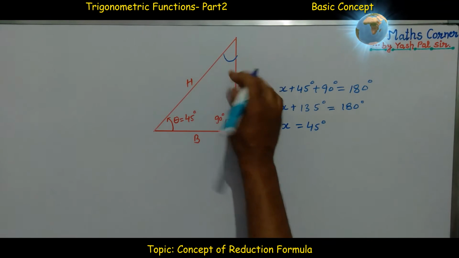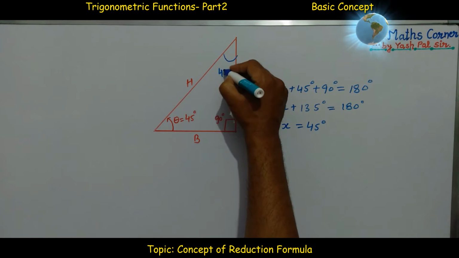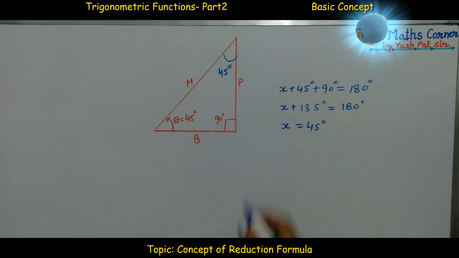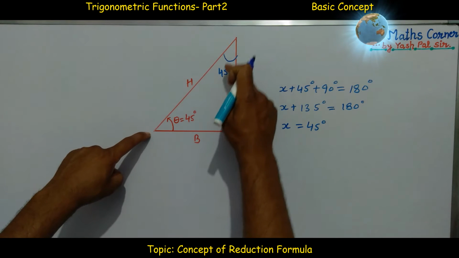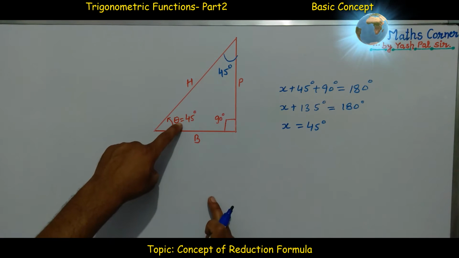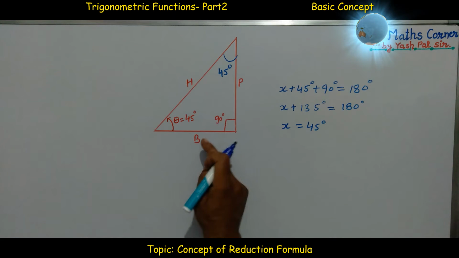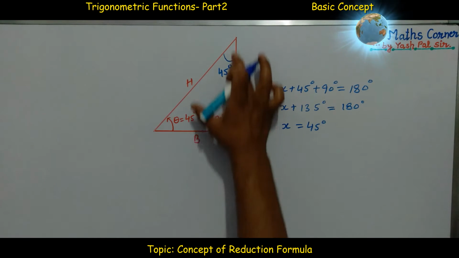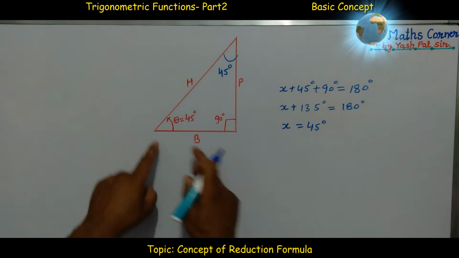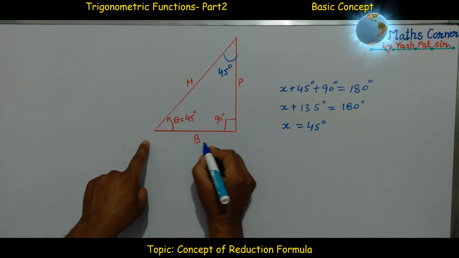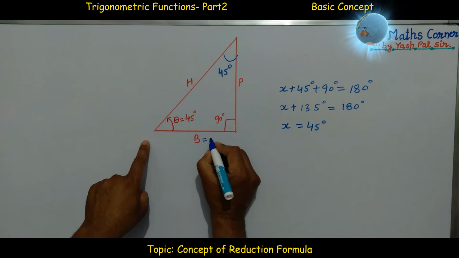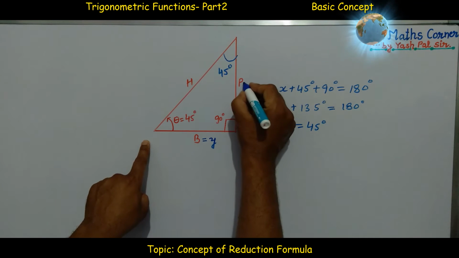So this angle is also 45 degree. Now this angle is 45 degree, this angle is also 45 degree, so we can say that this is an isosceles triangle having two sides equal. So if this is y, this is also y.